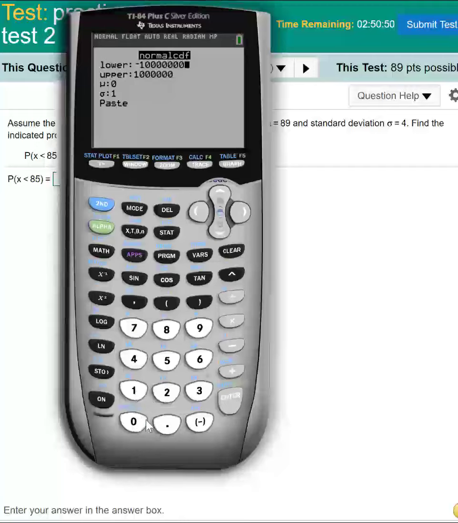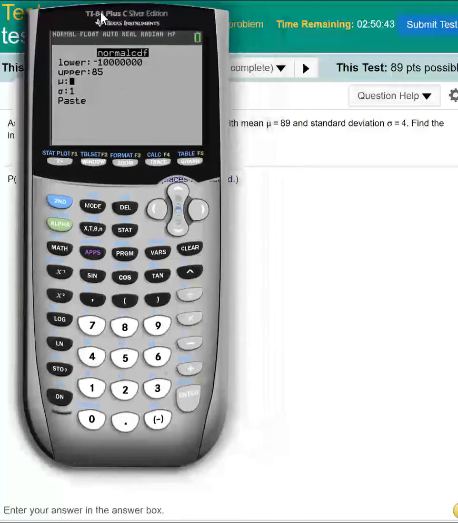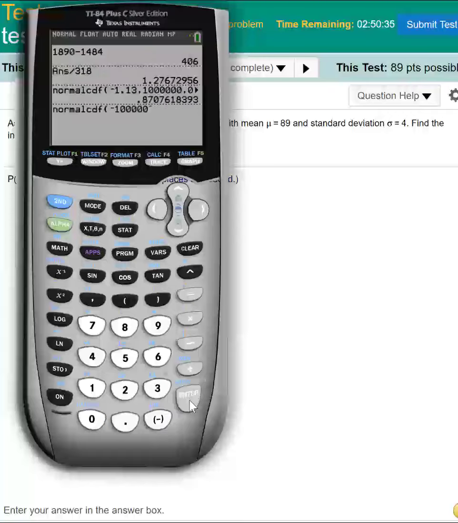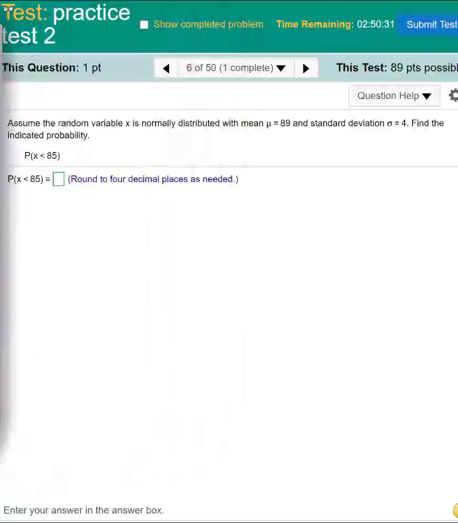Put as many zeros as you want here. Put 85. Put the mean now, not 0 and 1, because you're working with X, not Z now. So it's 89. And then 4. 0.1587. Next question.